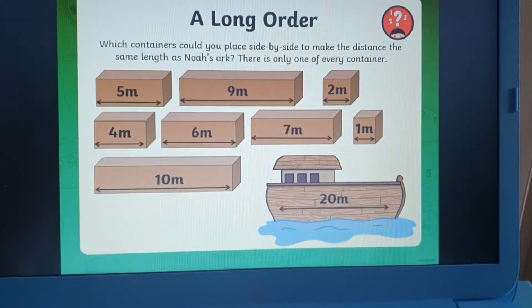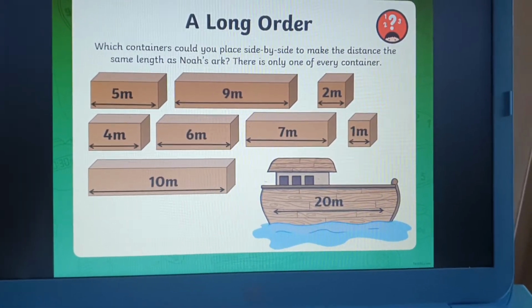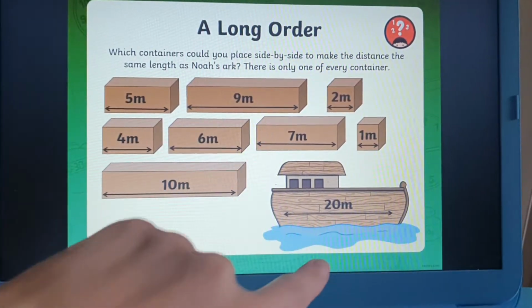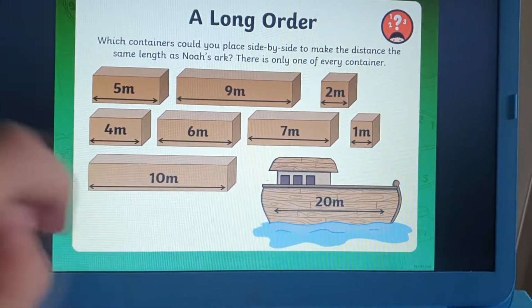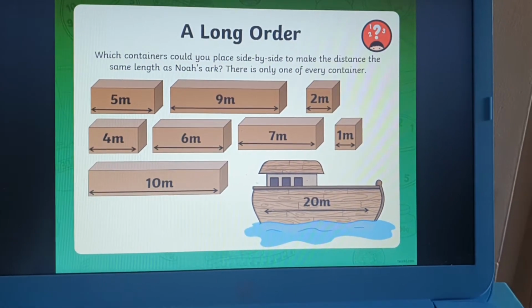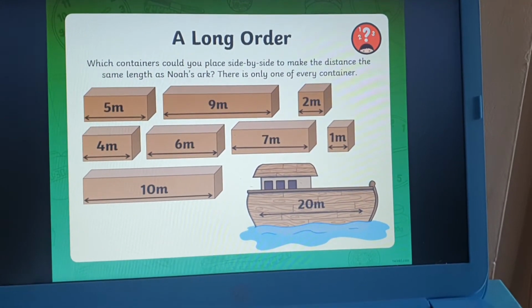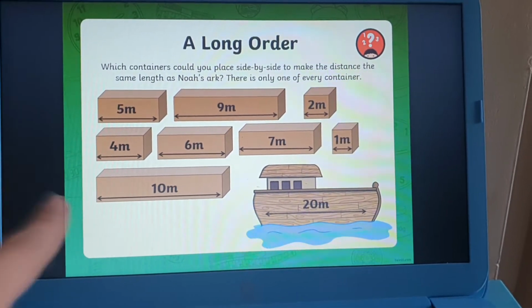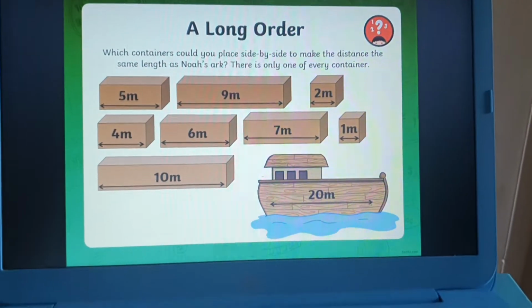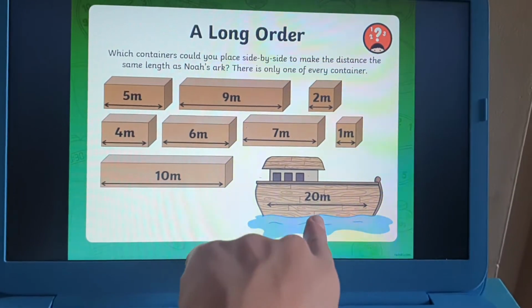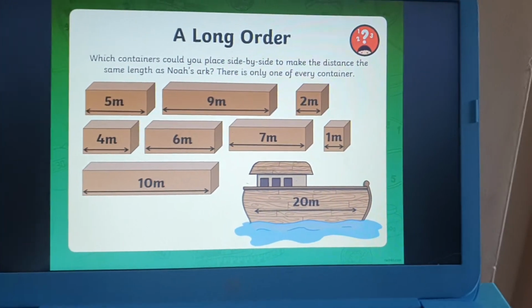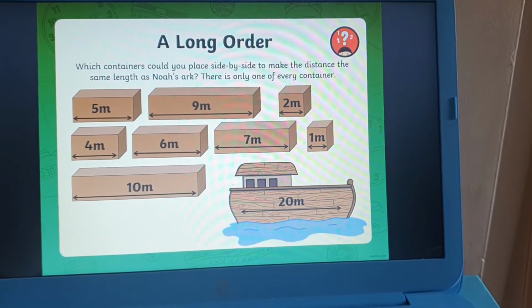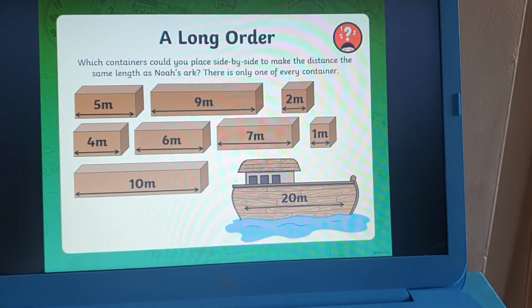Can you see? You should be able to see that Noah's Ark is 20 metres long. So here you need to be using your knowledge of number facts to be able to add these numbers together to make exactly 20 metres. Now I want you to pause the video and have a think about how you could do that.